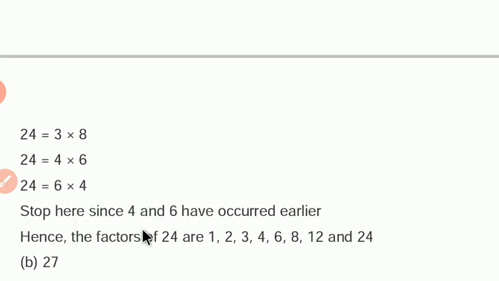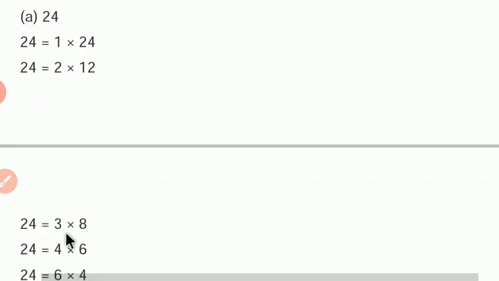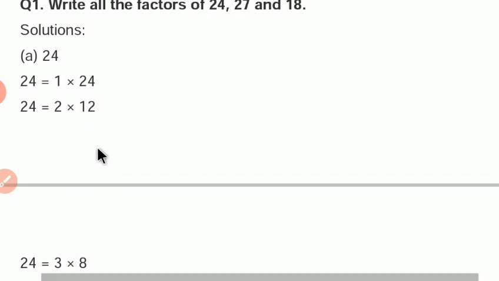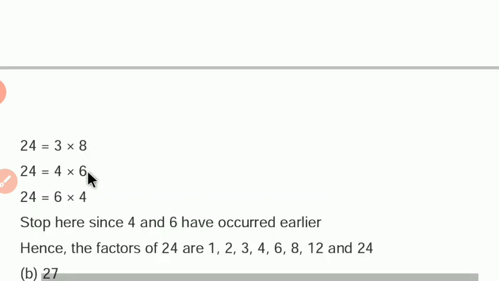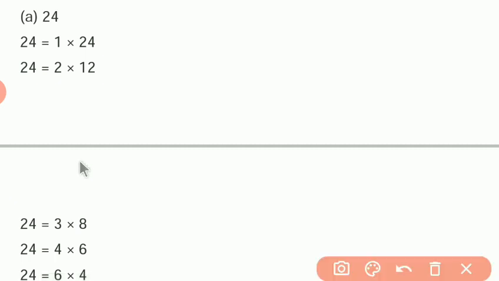So which are the factors here? Hence the factors of 24 are 1, 2, 3, 4, 6. From here we have to write 1, 2, 3, 4, 6. After that 24, 12, 8 and 6 and 4 we have already written. So we have to start from the top like this: 1, 2, 3, 4, 6.